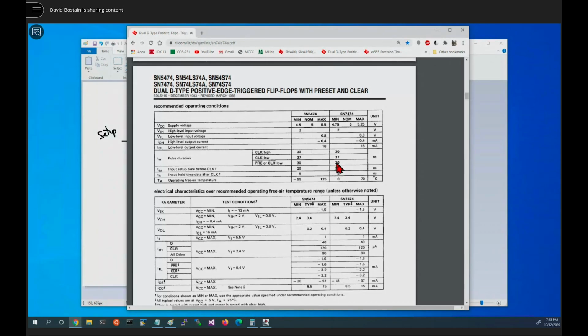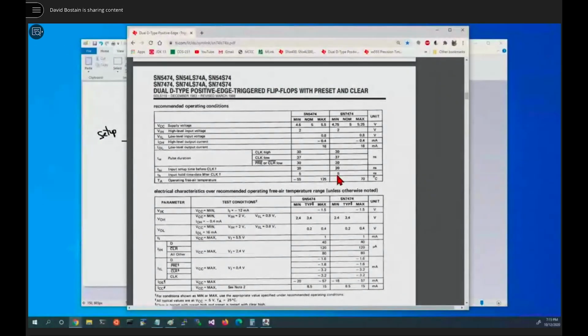Now our setup time before the clock goes high is 20 nanoseconds. So we have to make our data available 20 nanoseconds in front of the rising clock in order to be assured that it's going to be seen and latched. We must hold it for at least 5 nanoseconds after the clock.